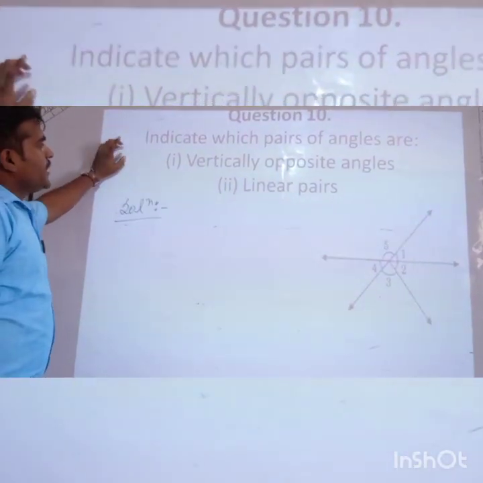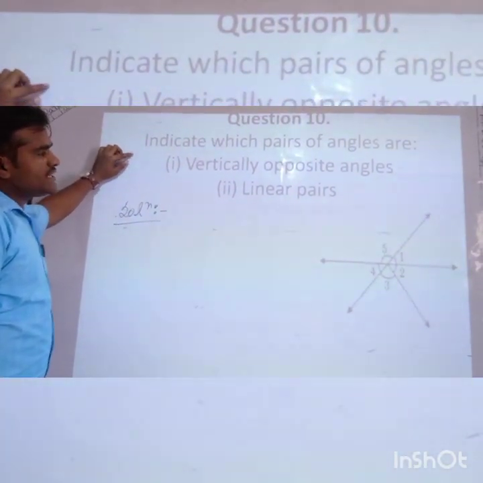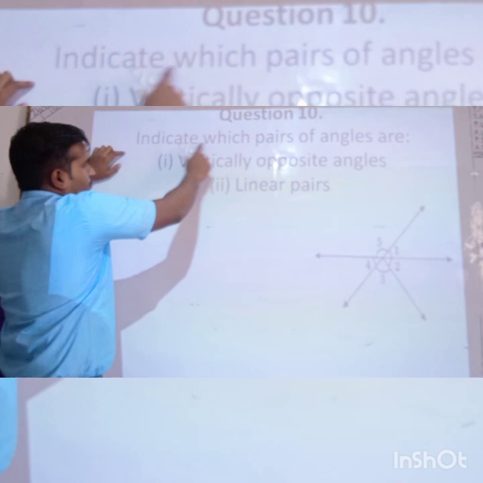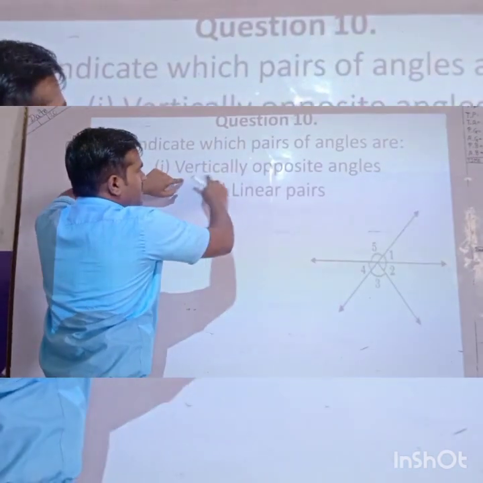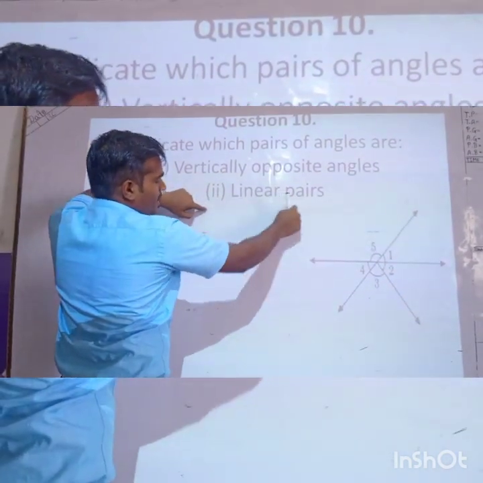Number 10. Indicate which pairs of angles are vertically opposite angles and which are linear pairs.